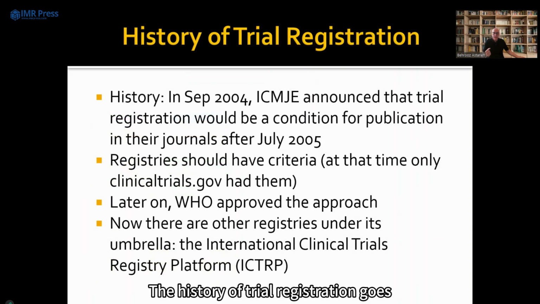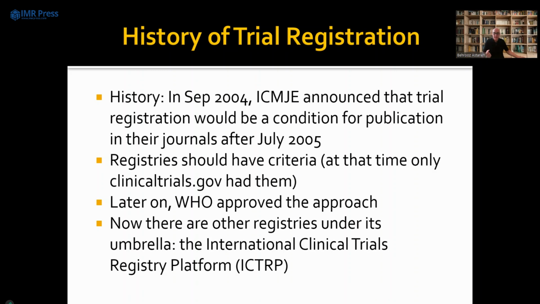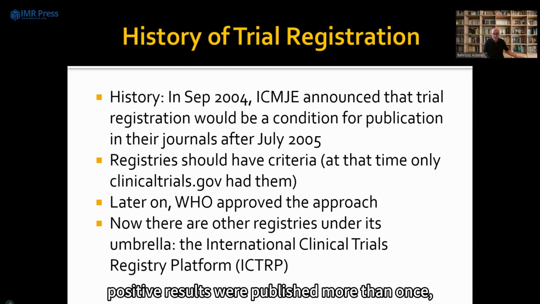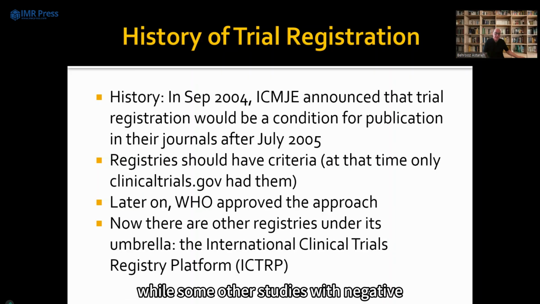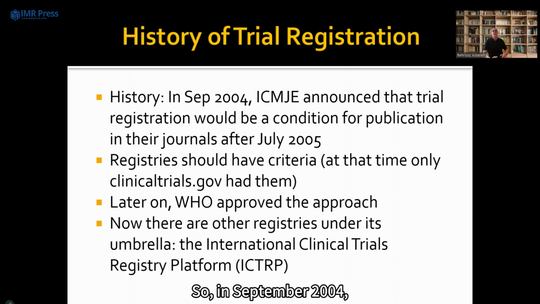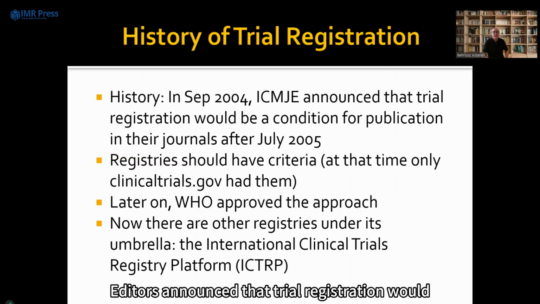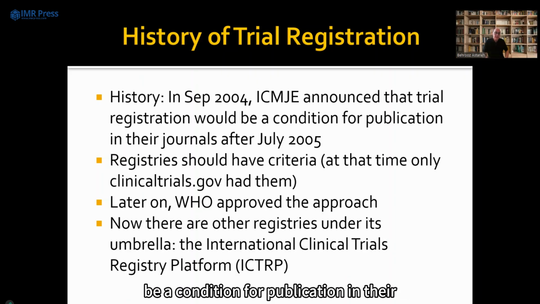The history of trial registration goes back to about 20 years ago, when it was realized that some trials with positive results were published more than once, while some other studies with negative results might not be published at all. So in September 2004, the International Committee of Medical Journal Editors announced that trial registration would be a condition for publication in their journals after July 2005.